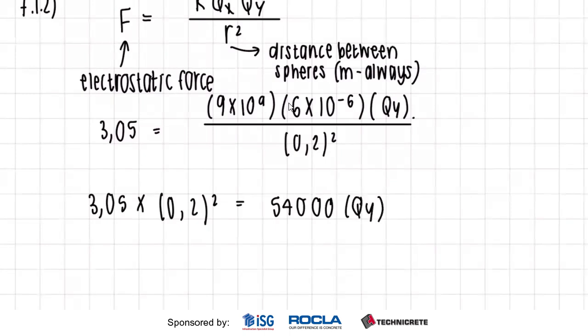And if we go 3.05 times 0.2 squared, then we get 0.122.